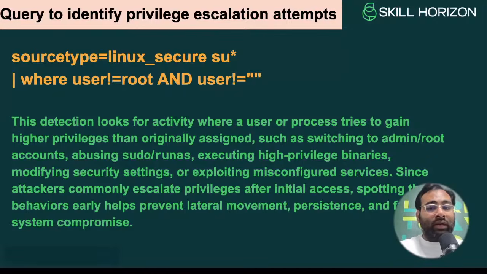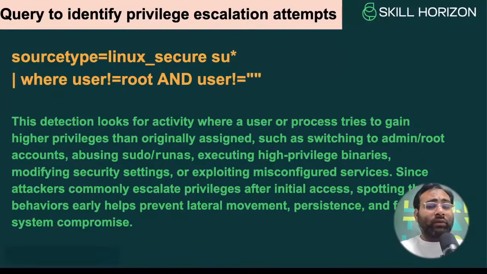If a user is assigned a low level role and is trying to gain higher privilege than originally assigned, or switching to a high level account like an admin account or root account, or executing tasks as sudo or run as, or executing high privilege binaries, modifying security settings, or exploiting misconfigured services, we can easily identify it with the help of this particular query.